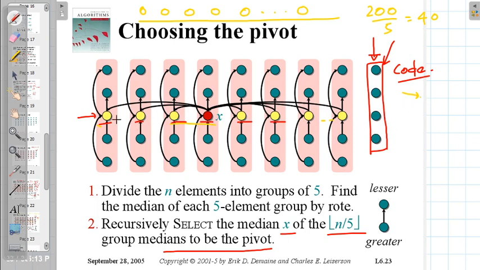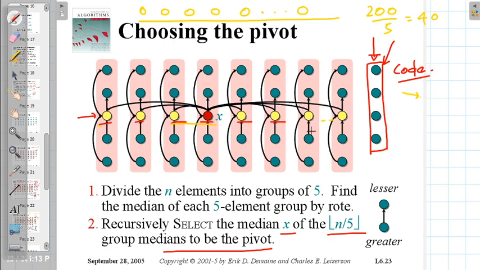So first of all we divide into groups of 5, and then we extract the medians, and those medians will be our elements in the array. Then again we recursively solve for the median of those 200 elements, extract those medians, and recursively solve again to find the ultimate median, which we call the median of medians.